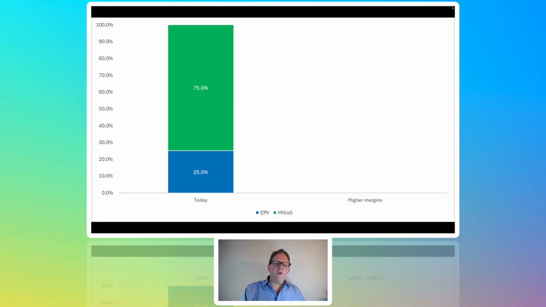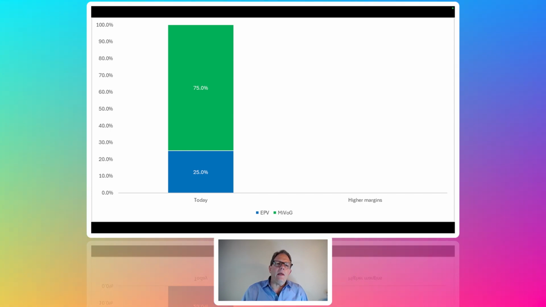Let's just change it. Today, exactly the same chart, but I'm saying 25% of today's value is earnings power value. 75% is market implied value of growth. That green represents investors' expectation for NOPAT growth. That's the present value of future NOPAT based on the growth. That's the growth component.